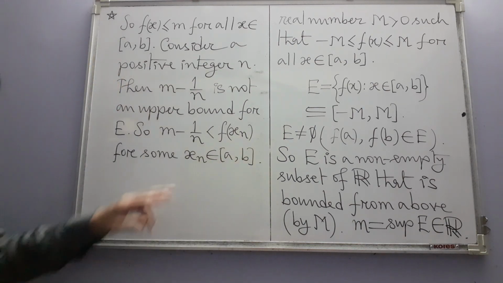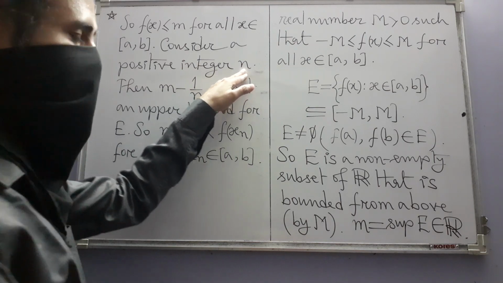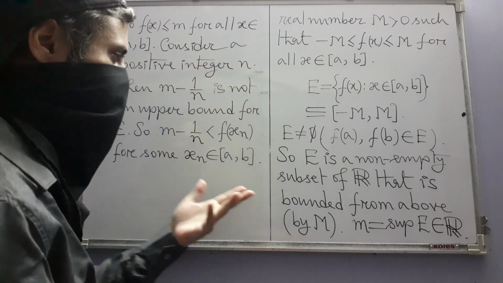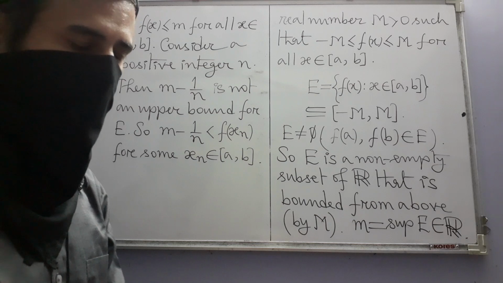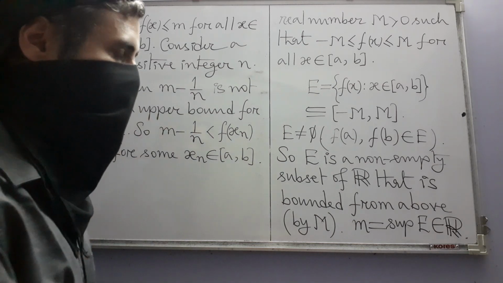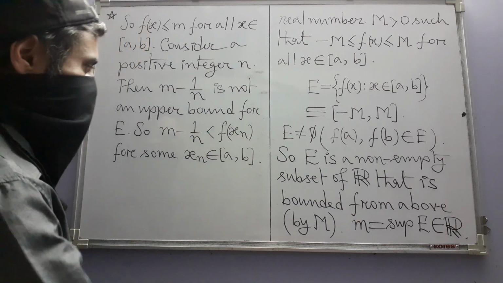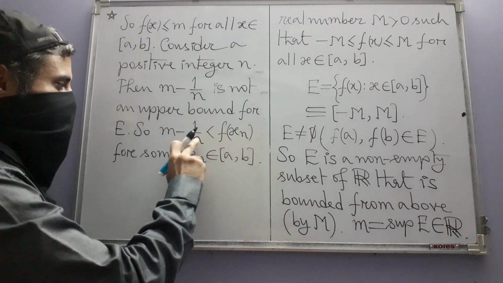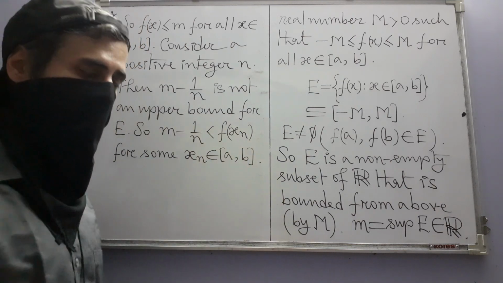And because our choice is an arbitrary positive integer, this is going to happen for every positive integer. And that way we are going to get a sequence xn. To show that this input depends on n, we have written xn.